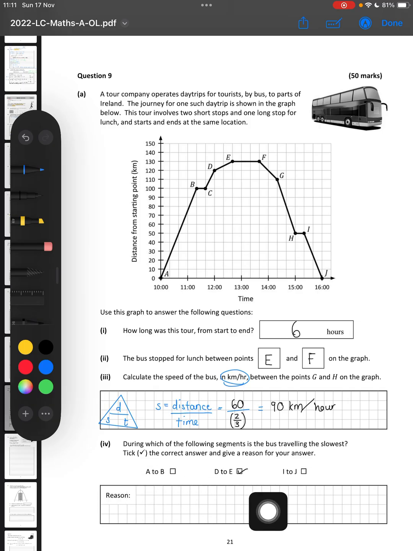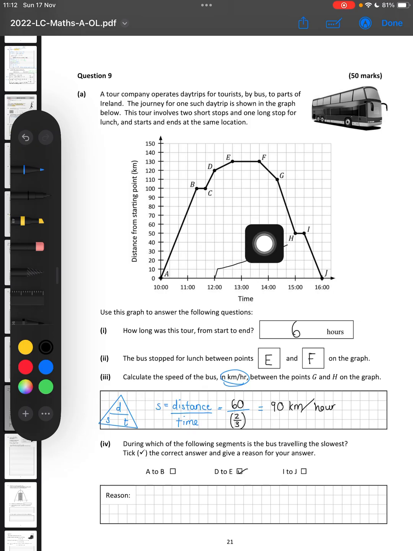So if between D and E you're saying something like it's a small distance covered, but you could cover a very small distance, let's say when the graph, if there was another bus moving and it moved like this, a distance of 10 and then a distance of 25, okay?